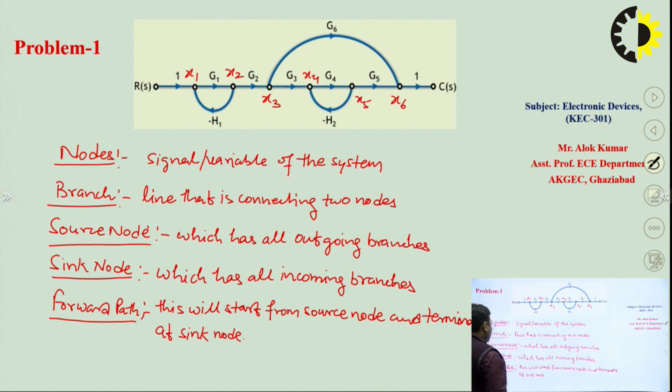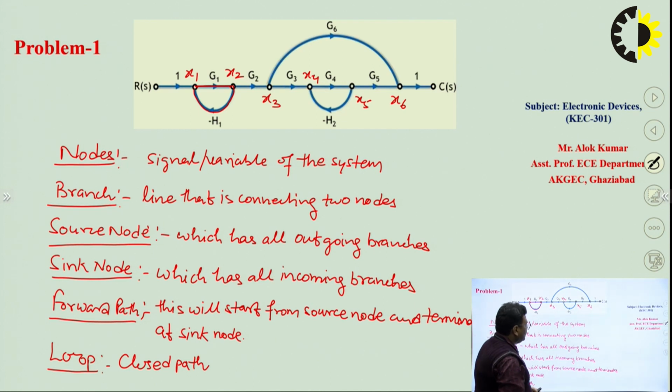Now we come to the loop. Here you can see this is a loop. This loop starts from x1, goes from x1 to x2 and comes back to x1. So a loop is a closed path that starts and terminates on the same node.